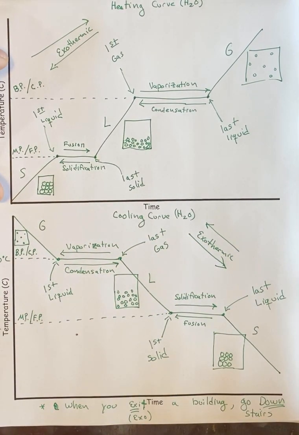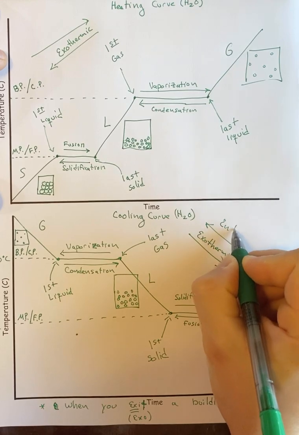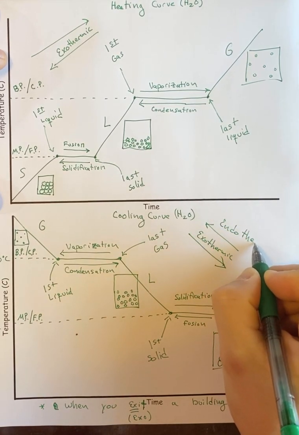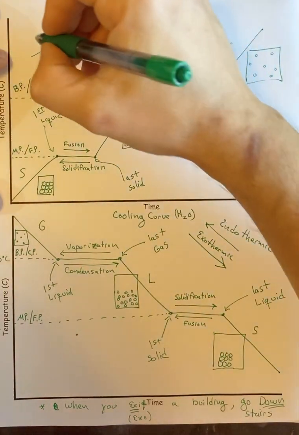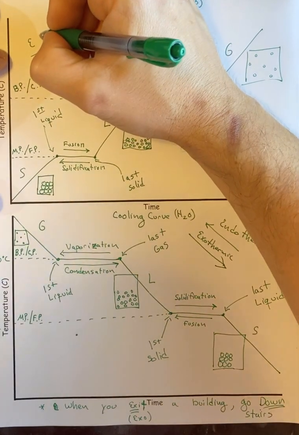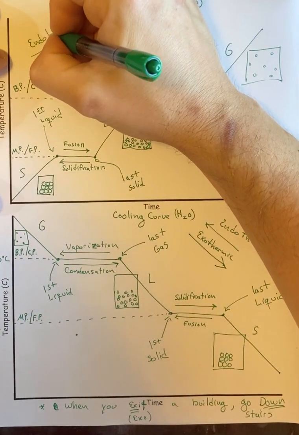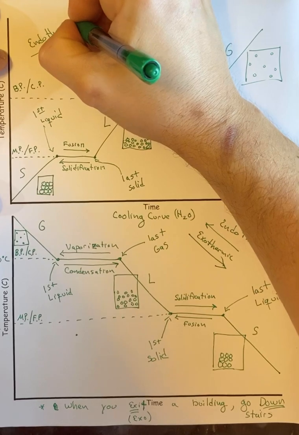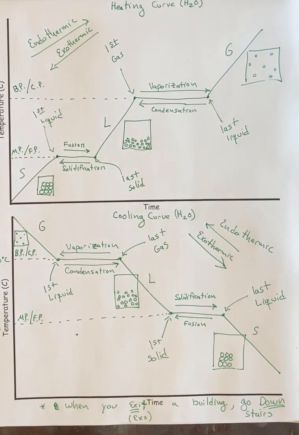So that's the exothermic direction. It's always down the stairs, whichever way happens to be down. And then the reverse is endothermic, sorry. So that is a fully labeled heating and cooling curve.